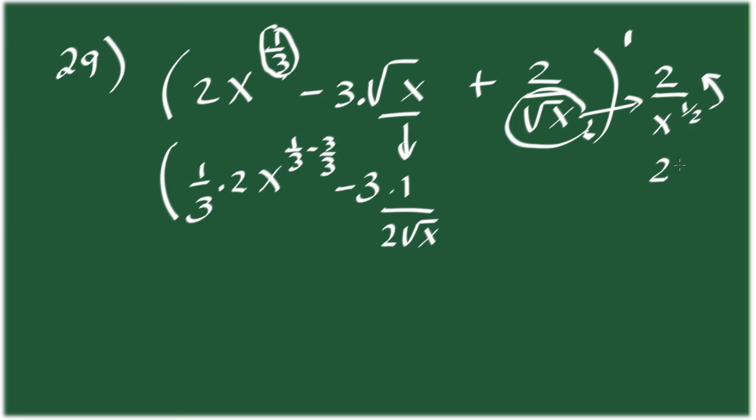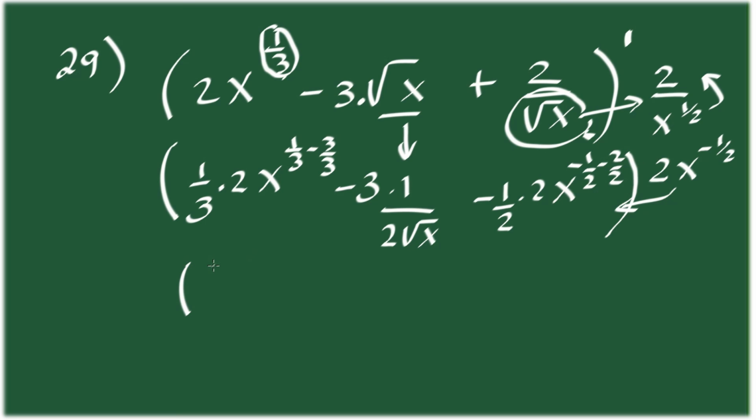So that is 2x to the negative 1/2. Then you can get the derivative by multiplying the negative 1/2 times 2, then x to the negative 1/2 minus 1, or minus 2 over 2.